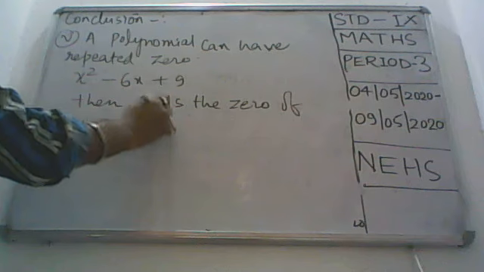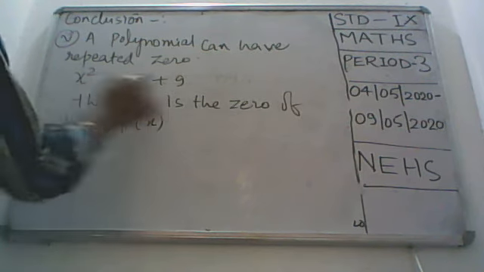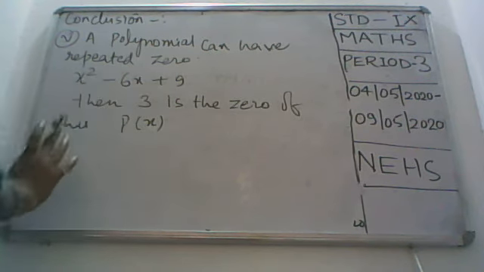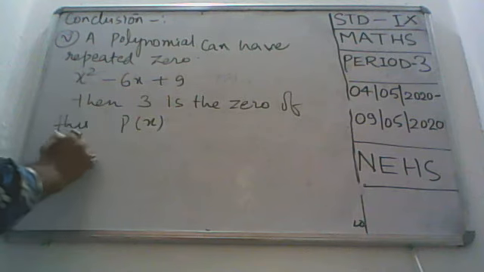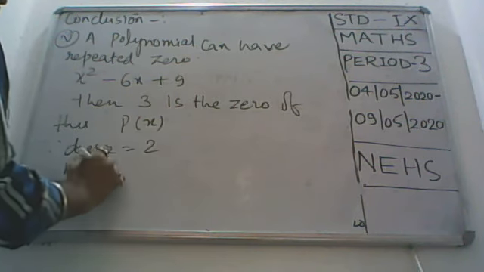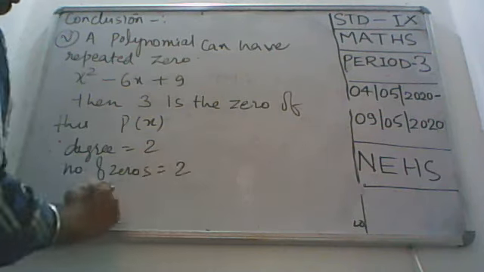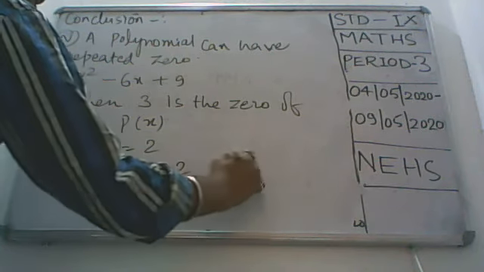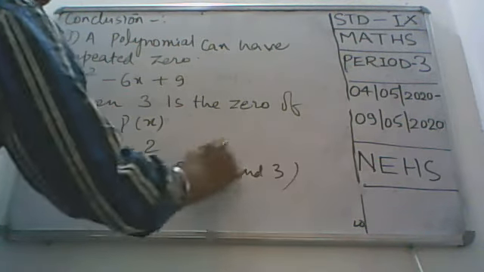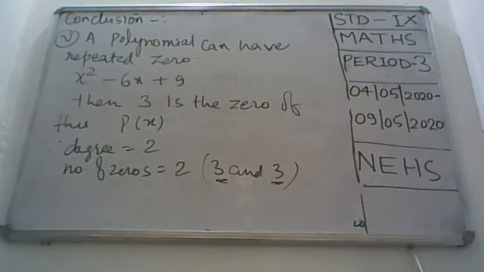You may check also: 3 threes are 9, plus 9 is 18, minus 18, so 0. Now since degree is equal to 2, the number of zeros is also 2, and these are 3 and 3. Now see, 3 is repeating here, so that's why we said a polynomial can have a repeated zero also.